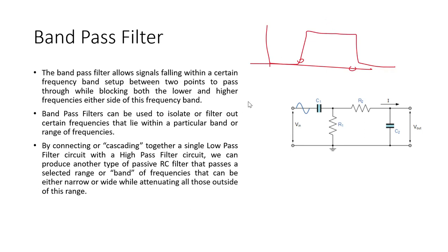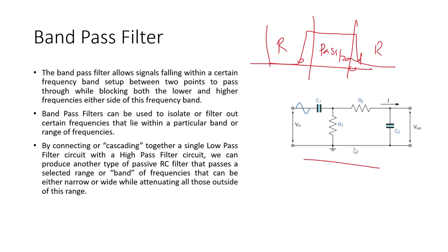Band pass filter can be used to isolate or filter certain frequencies that lie within a particular band or range of frequency. So let's say we are having two bands here. This one is rejected, this one is rejected, and this one is the pass band. So a band pass must be of this sequence.